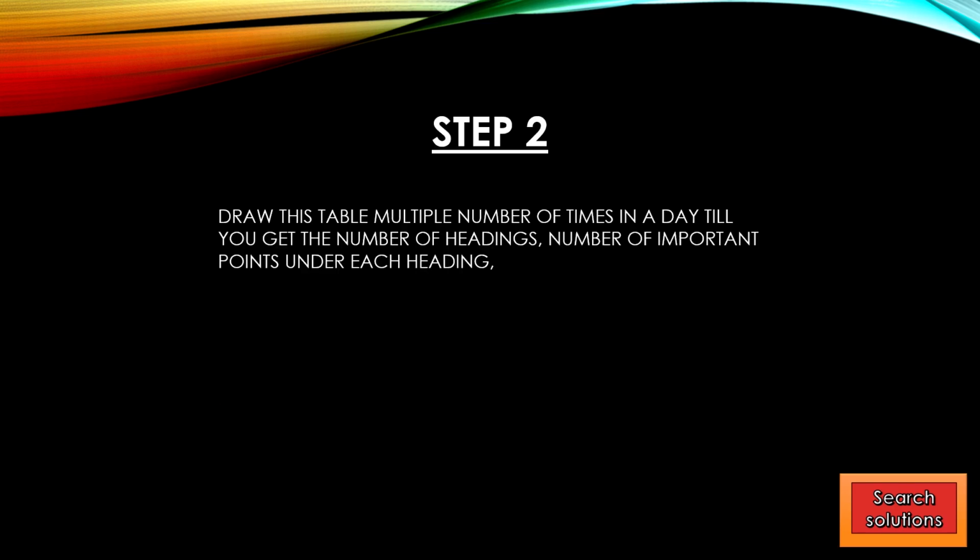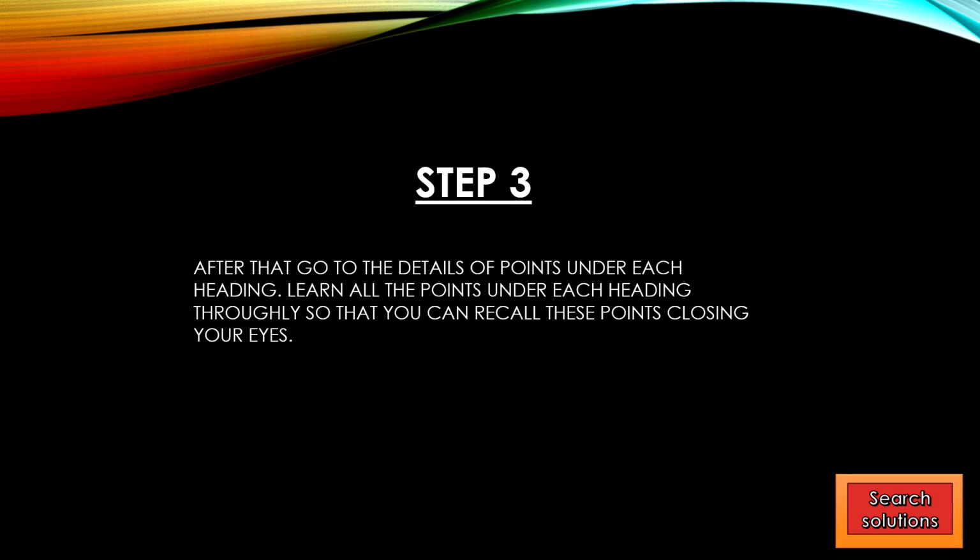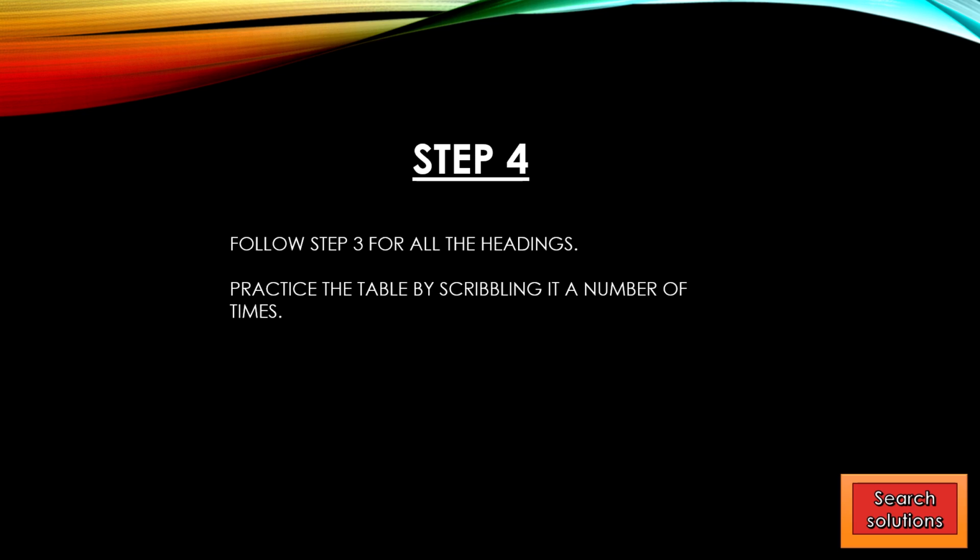Draw this table multiple times in a day till you get the number of headings and the number of important points under each heading. After that, go to the details of the points under each heading. Learn all the points under each heading thoroughly so that you can recall these points closing your eyes. Follow step 3 for all the headings.